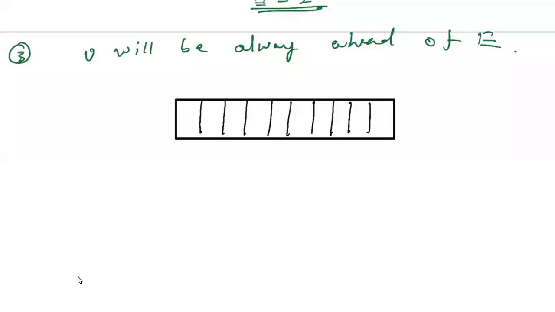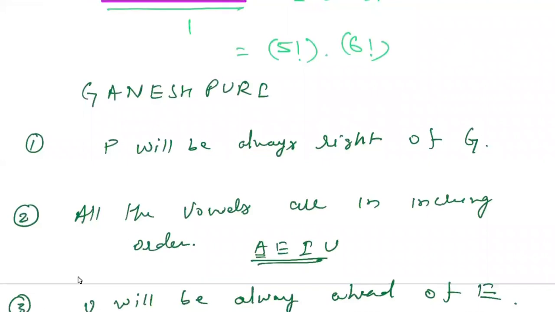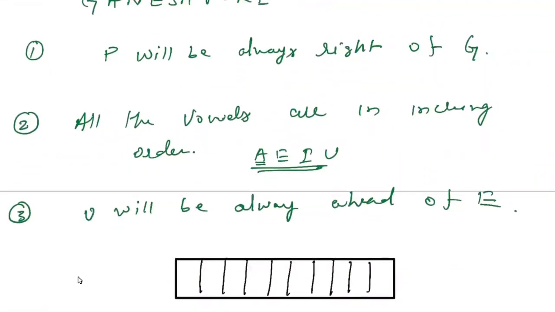Let this be given; in this we have to put G and P. So P will always be right of G.